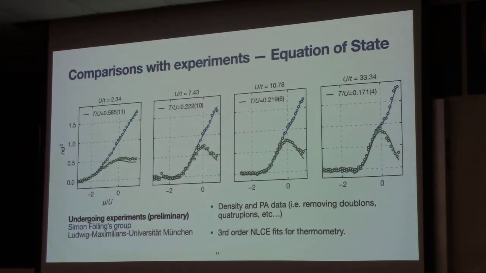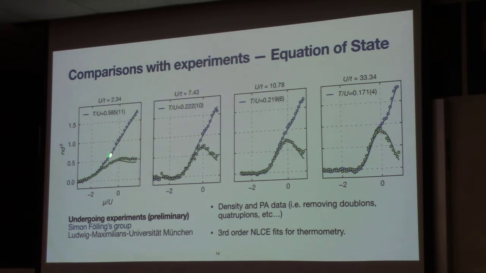And to connect with experiments, since many of the students ask me about theory and experiment comparisons, this is something that we observed before, and then we shared the results with experimentalists. And now what they're doing is they're using some of our data, the solid lines, to fit to the experimental data they're measuring.